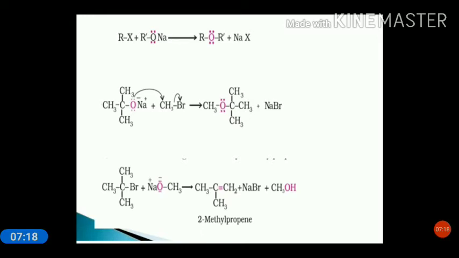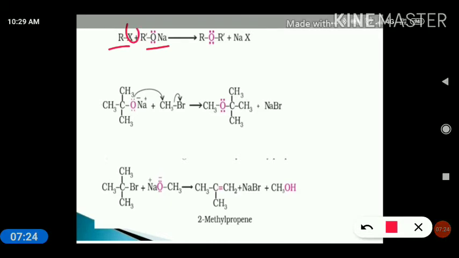You can see here alkyl halide reacts with the sodium alkoxide. So there is removal of NaX as byproduct and ether will be formed. So alkyl halide should always be 1 degree. Doesn't matter what RONa is. So there is formation of ether.